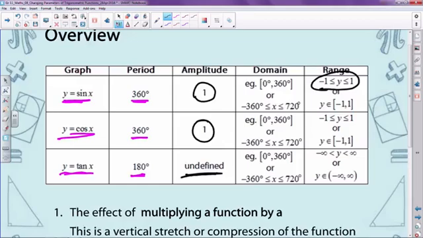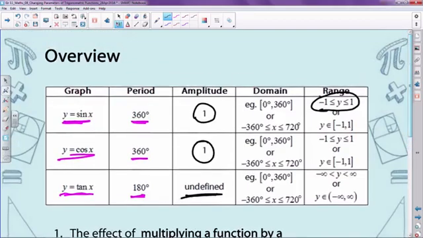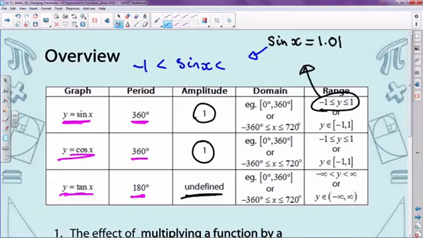And with this one, guys, remember when you try to solve for x, and we give you, for instance, sine x equals 1.01. As we are working with the functions, your sine x should always be between -1 and 1.